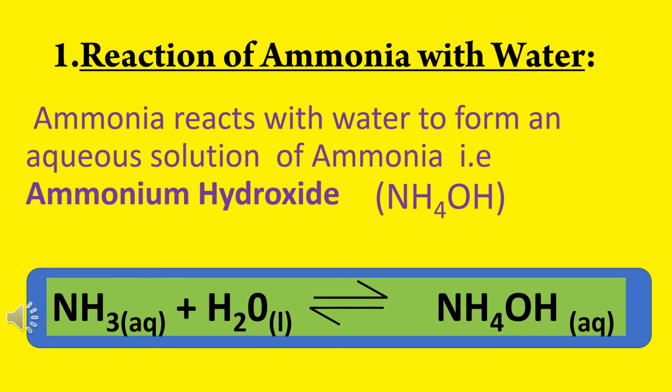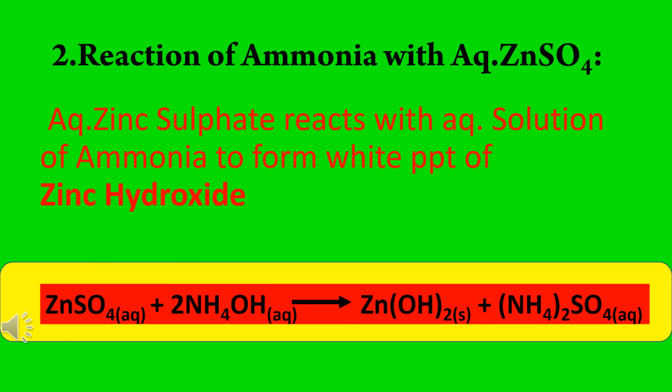Okay, students? Let us see the next reaction, ammonia with aqueous zinc sulfate. Aqueous zinc sulfate reacts with ammonia solution to form a white precipitate of zinc hydroxide along with ammonium sulfate.